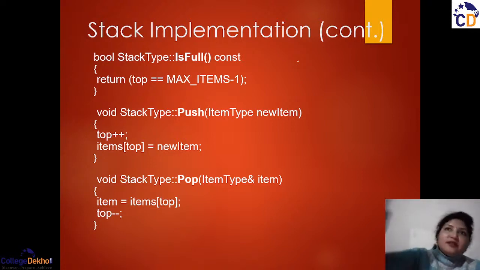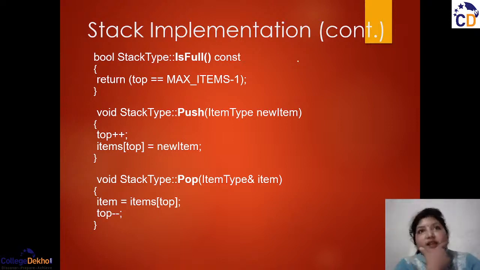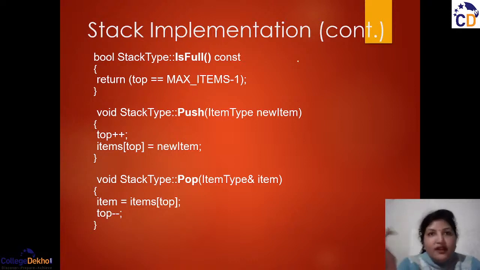When you insert elements into the stack, it should be from the top of the stack, and when you remove an item, it should also be from the top. So basically we are maintaining a pointer that points to the top of the stack. It is doing everything in this program, right?